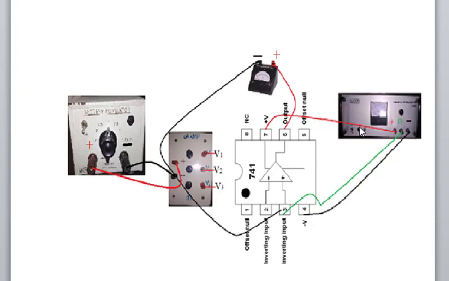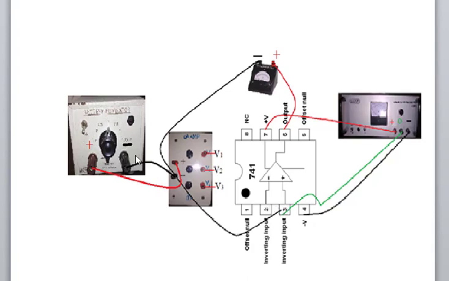This supply is known as a dual power supply. Here, in this dual power supply, the positive is connected to the 7th pin, the negative is connected to the 4th pin, and the center one, 0, is connected to the 3rd pin.